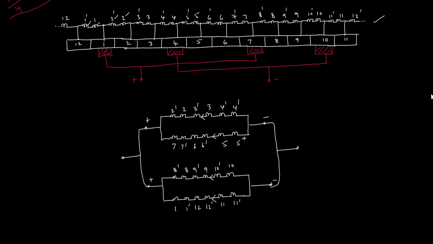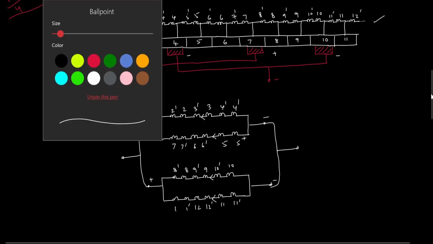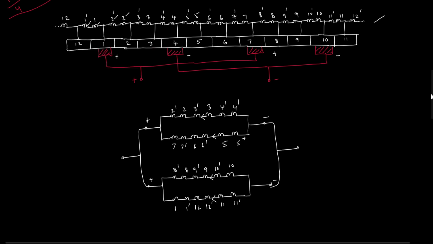Now I have placed the brushes on the same commutator segments 1, 4, 7 and 10. This is plus, this is minus, this is plus and this is minus. So it is just a simple circuit.